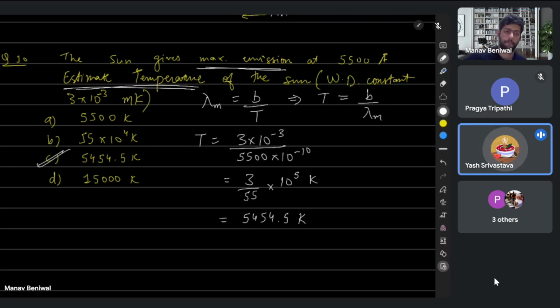Sir, does that mean that this law is actually used for estimating temperature of all types of celestial bodies when observed through any type of telescope? A telescope will not necessarily give you the exact value of the maximum emission, right? But you have, for example, the Hubble telescope, the modern telescopes.